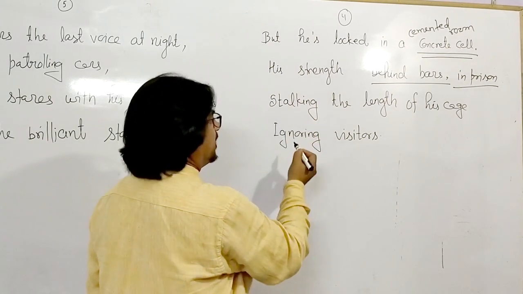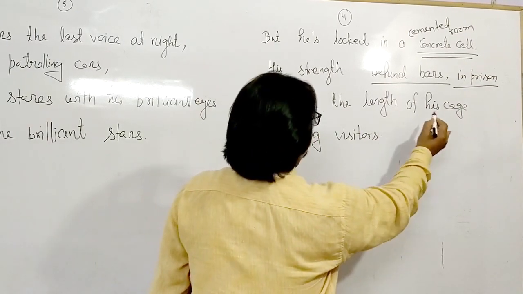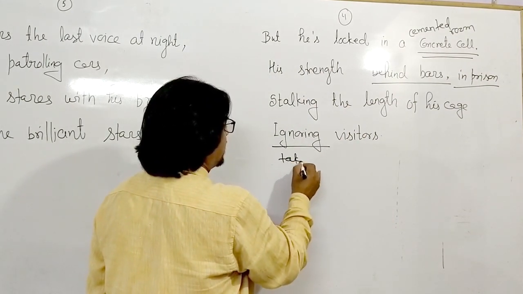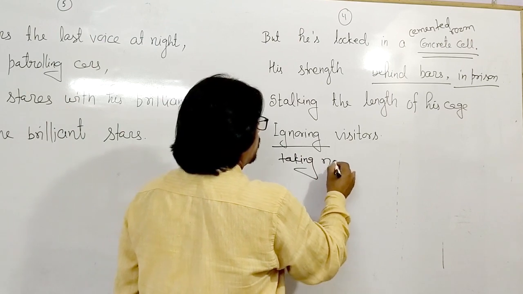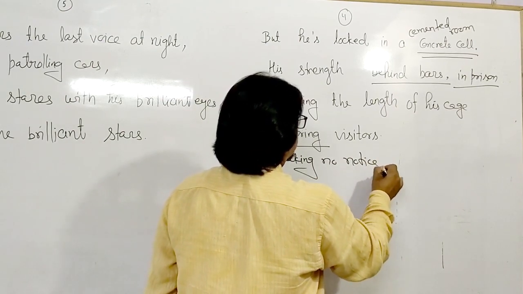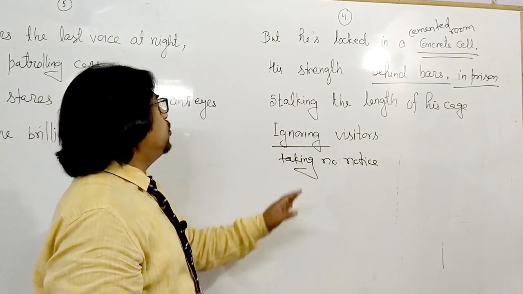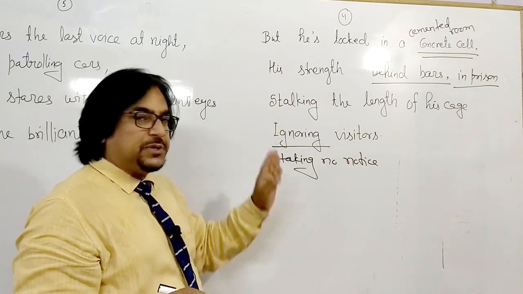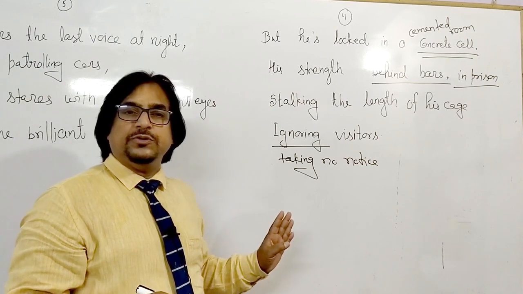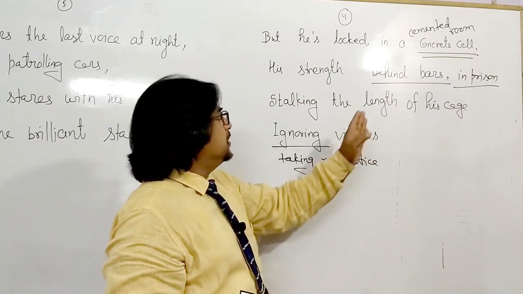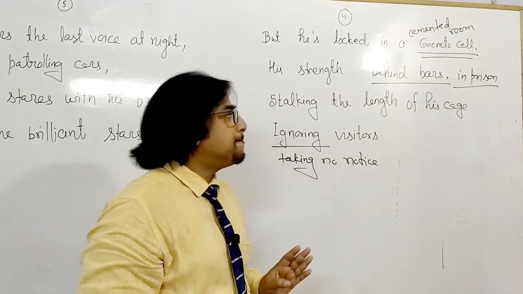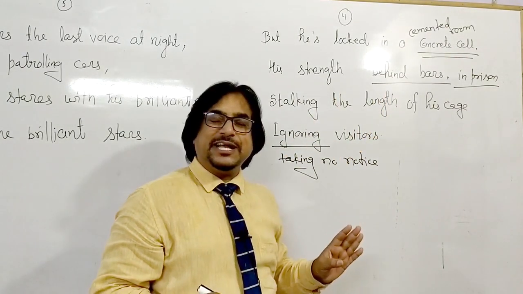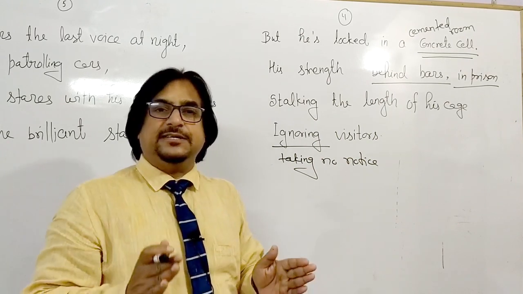Stalking, that means walking. Stalking the length of his cage. Ignoring, that means taking no notice. So he is locked. That means the tiger is kept in the cage in the zoo, where there is a concrete cell. His strength behind bars. That means he is caged.